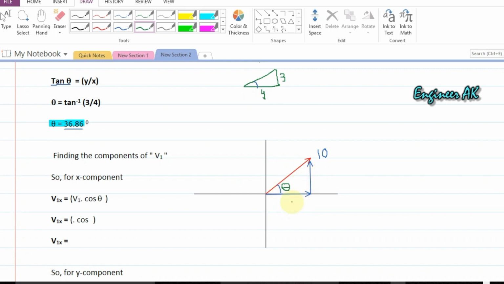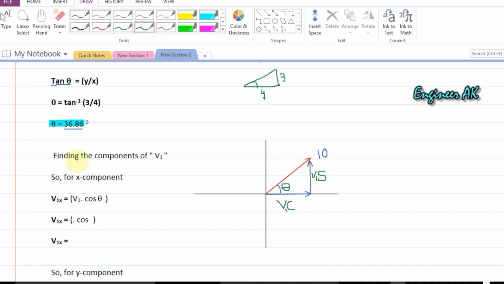So I will write here c for cos, and here s for the sine component, and we multiply by the vector v1 as well.